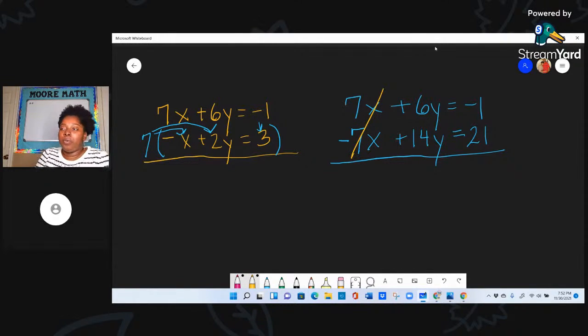And 6 plus 14? 20. Good. So you see how much easier it is now that we've eliminated the x? Yeah. All right. So -1 plus 21. -20. Good. Tell me what y equals. 1. Good. Plug it in and tell me what you're going to get for x.